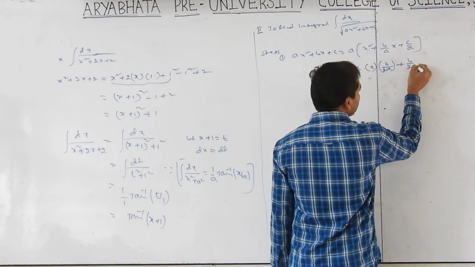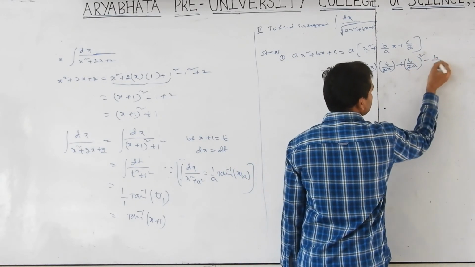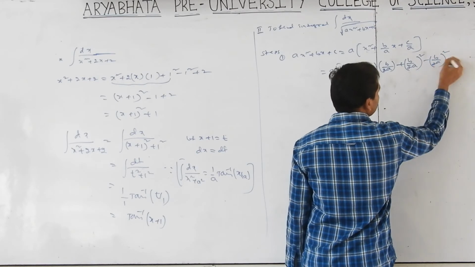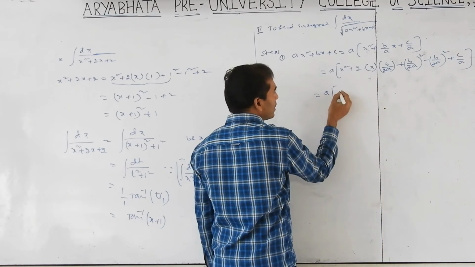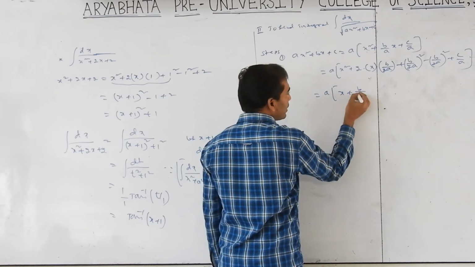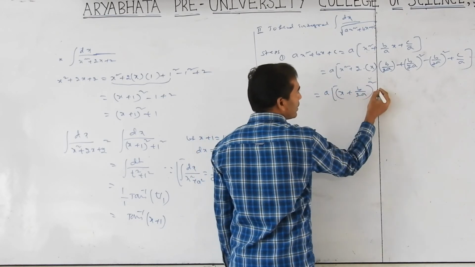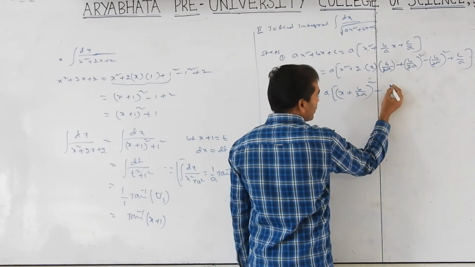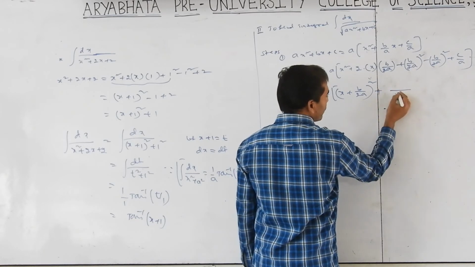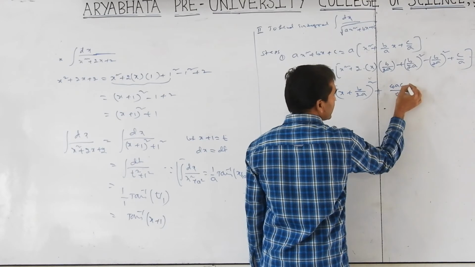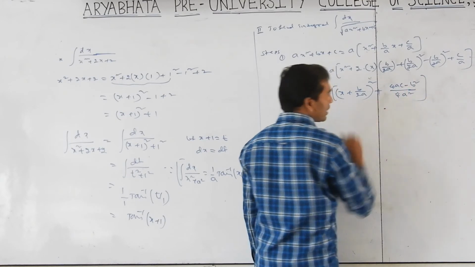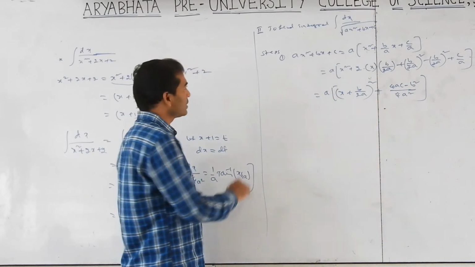Add plus b by 2a whole square minus b by 2a whole square plus c by a. So a into x plus b by 2a whole square, and here we get 4ac minus b square over 4a square. Same procedure.